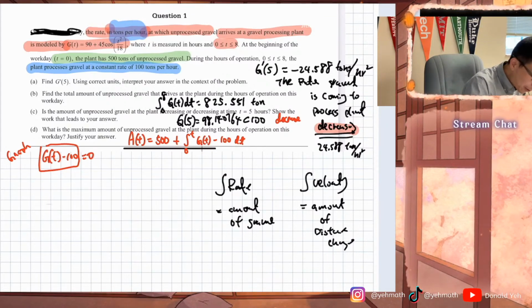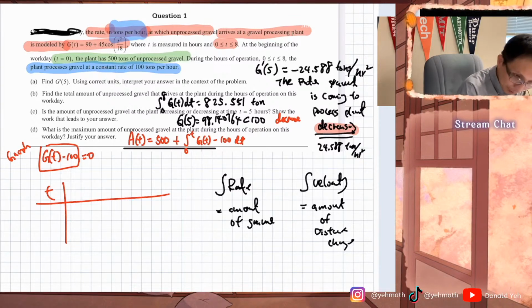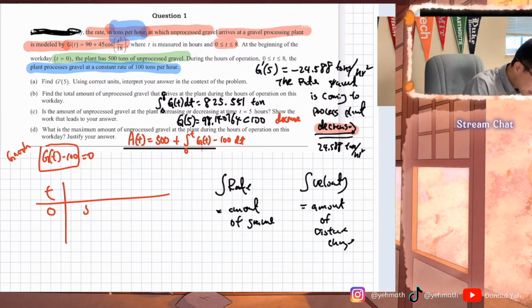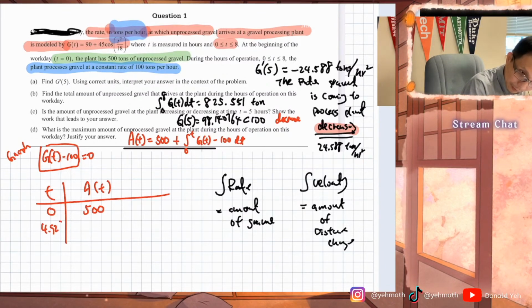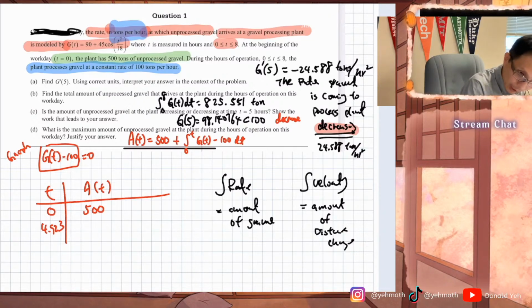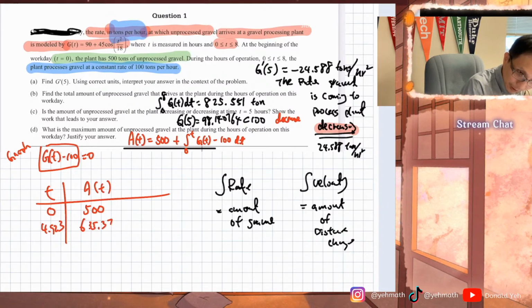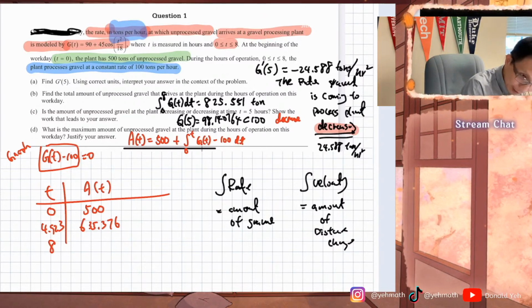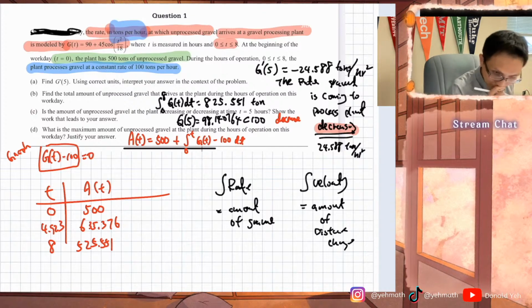So remember, we have to do a table, right? When they ask for the maximum amount, we're going to have to do t. At 0, it's going to give you 500. That's A of t. But at 4.92348, it's going to give you 635.376. At 8, it's going to give you 525.551.